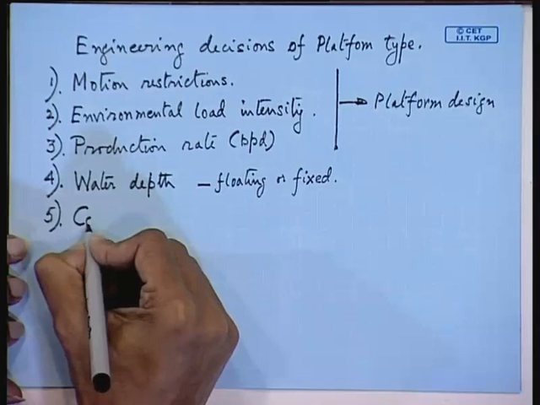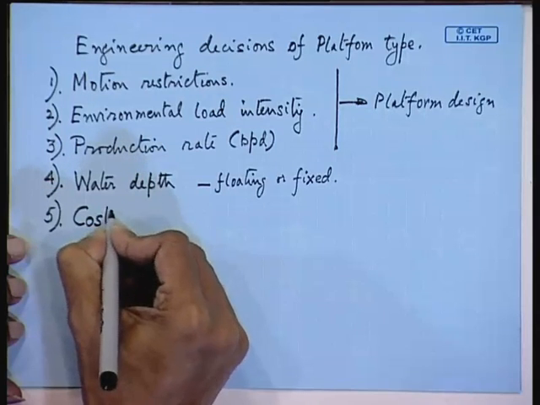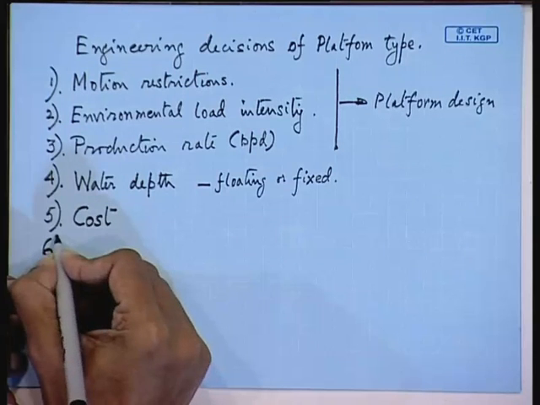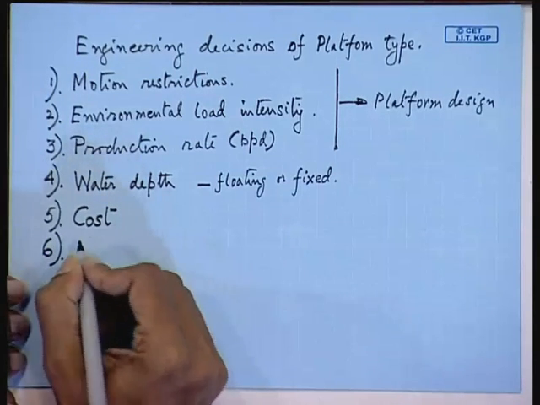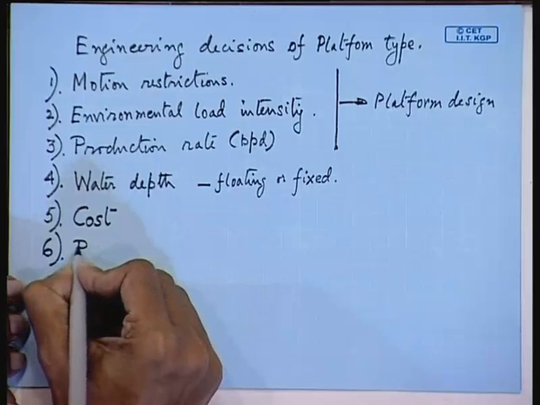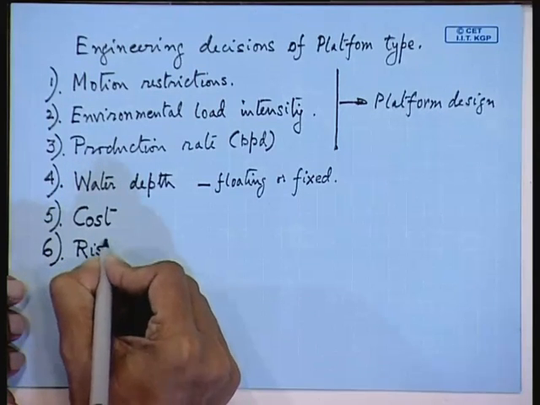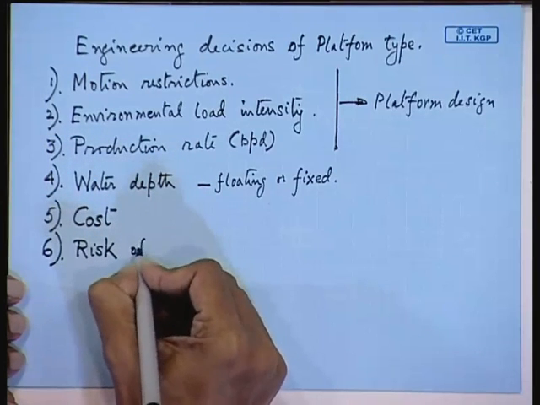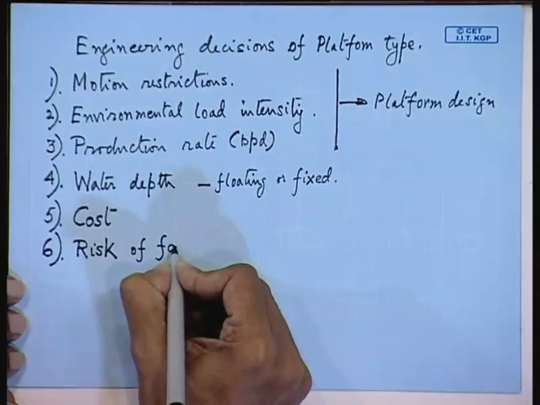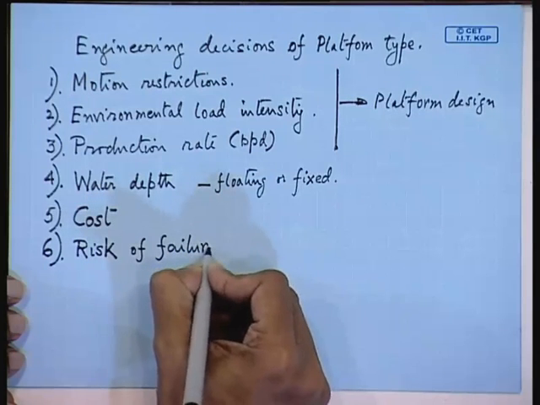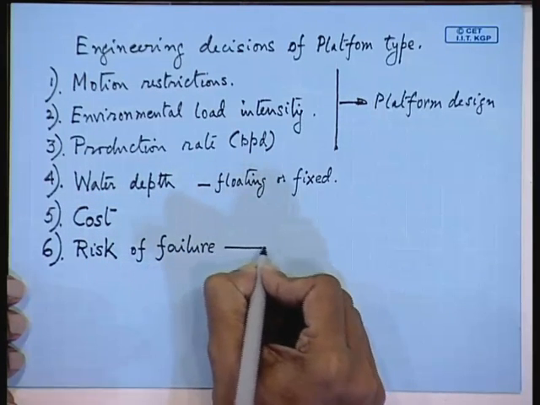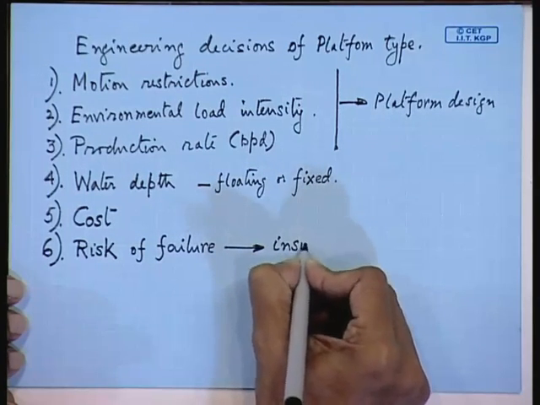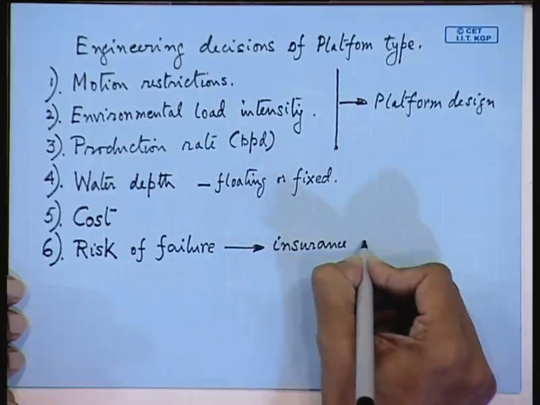The last one is cost. And this goes along with cost is risk. How much risk you can take, risk of failure of structure, because from this you will find insurance cost. The insurance cost is very high.